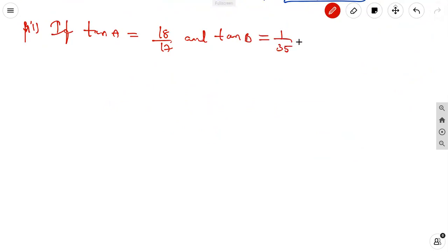Third one: if tan A equals 18 by 17 and tan B equals 1 by 35, show that A minus B equals 45 degrees.